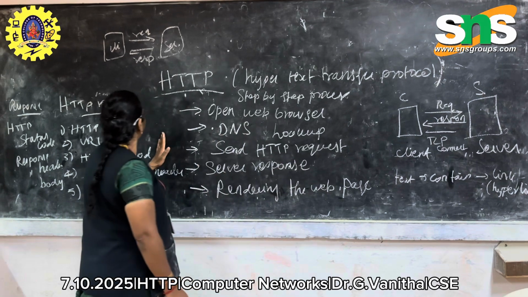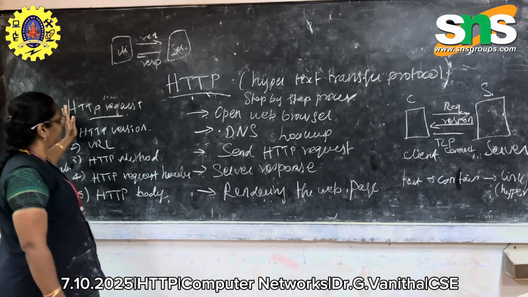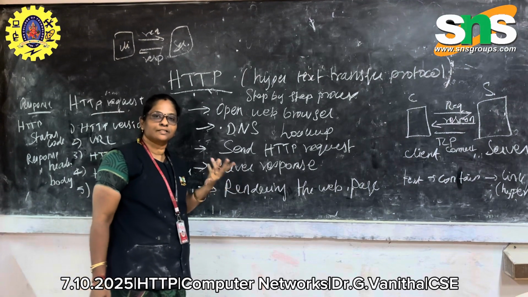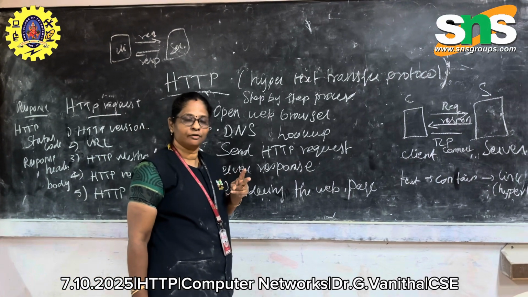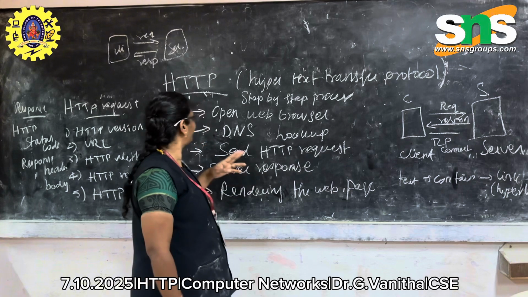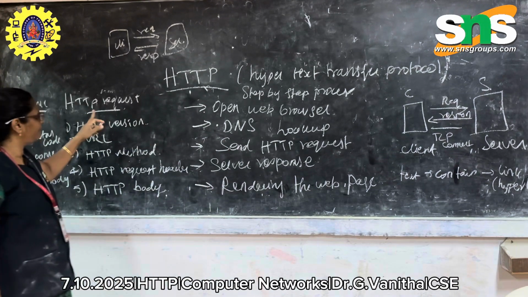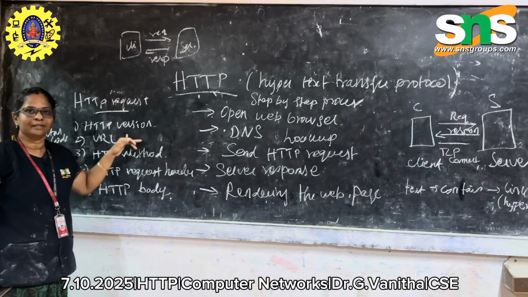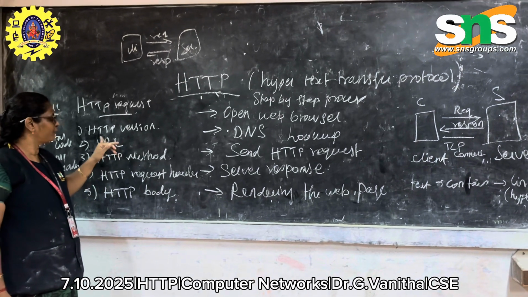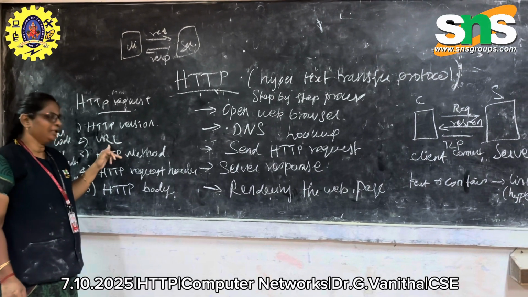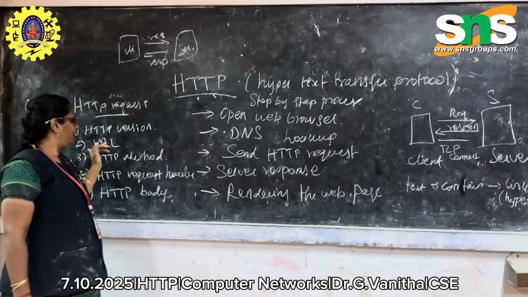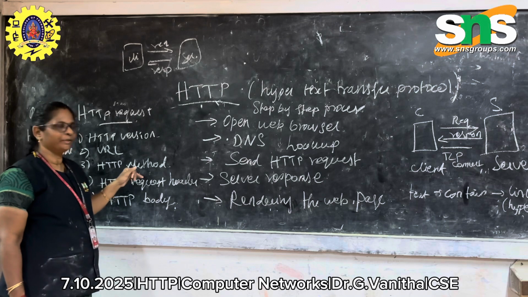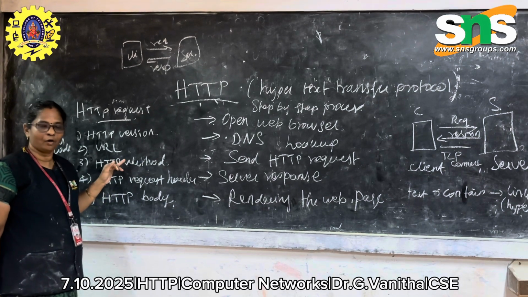After that, the HTTP request has some format. In the HTTP protocol, we have request and response formats, two types of operations. In the HTTP request, we have the HTTP version, which we have to mention. Then the URL, that is the particular address or location. Then the HTTP methods, which say how it will connect.